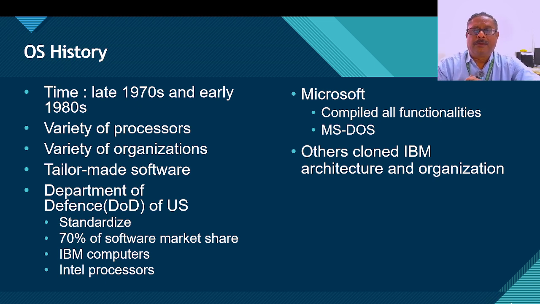Because of this, the next revolution started: everybody wanted to be with the standard, because once I come to know that all these standards are available, there's no point in creating all these tools again from scratch. So why not use the readily available tool, which is MS-DOS?